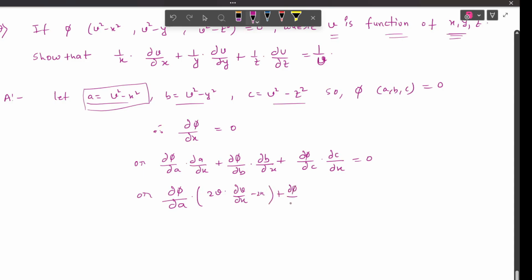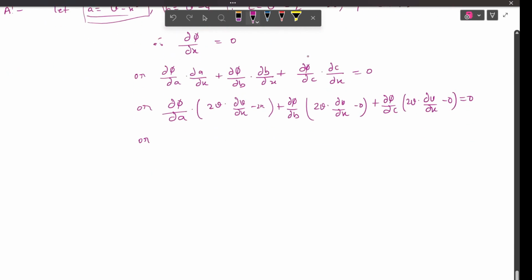Plus ∂φ/∂b into the partial derivative of b with respect to x. In this case y will be constant and v is a function of x, y, z. So it will be 2v ∂v/∂x minus 0, plus ∂φ/∂c into 2v ∂v/∂x minus 0, and that equals 0.